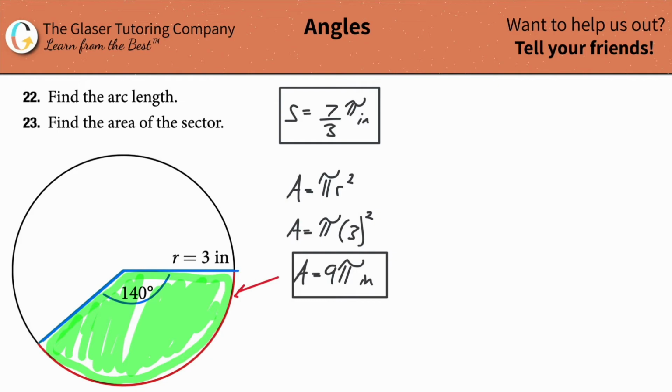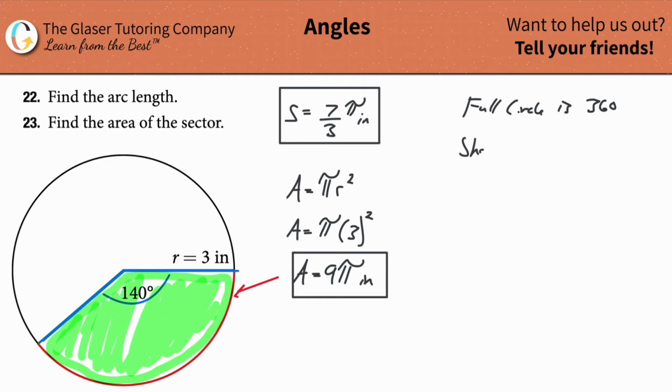But did I shade the whole circle here? No. What fraction of the circle did I shade? How could you find that out? Turns out you can do this in a couple of ways. You might say, well, wait a minute, a full circle is 360 degrees.